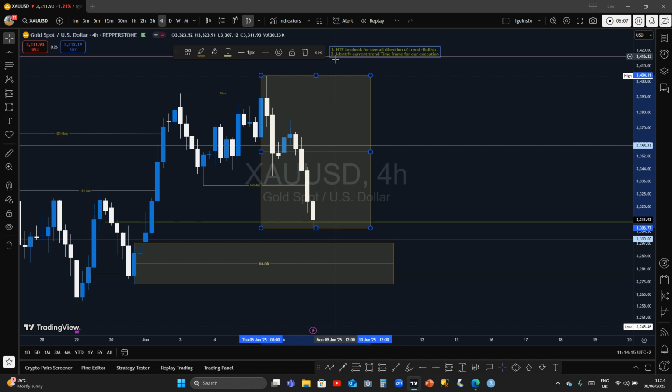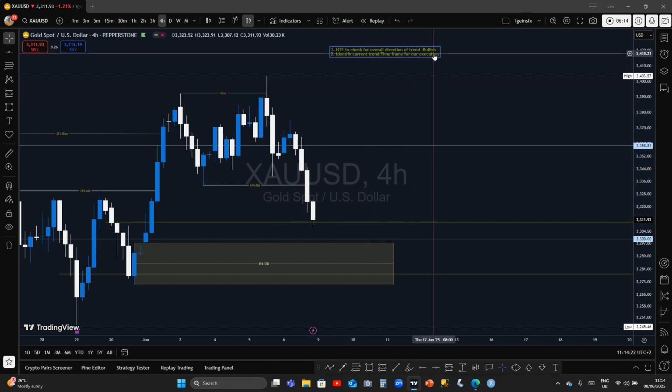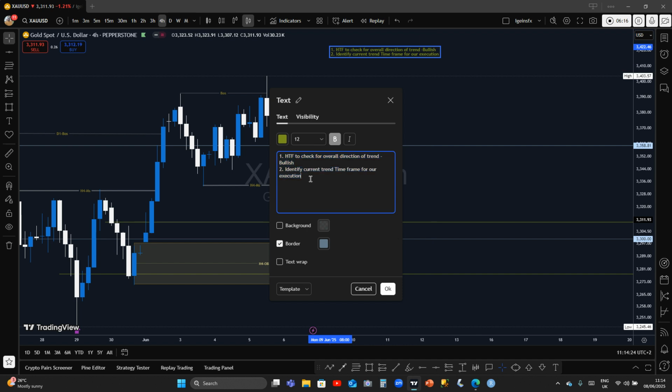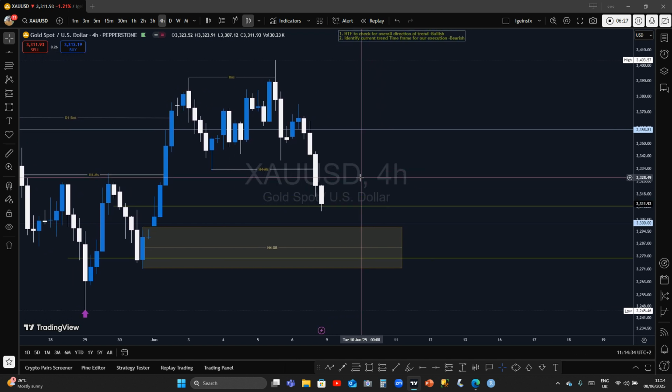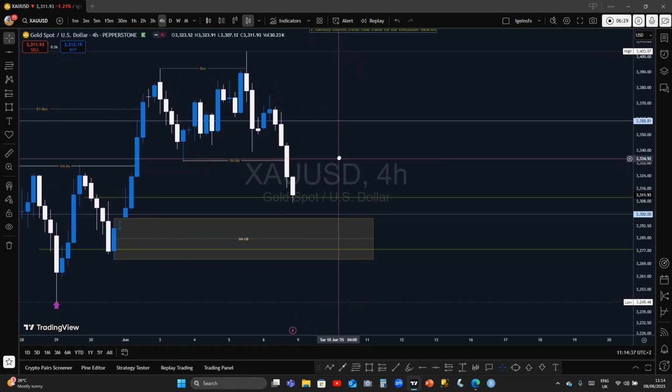All right, so now we are trying to identify the current trend. What is the current trend? Bearish. For our time of execution, we say bearish, because it's making a pullback. So at this point now, this is where the analysis begins.